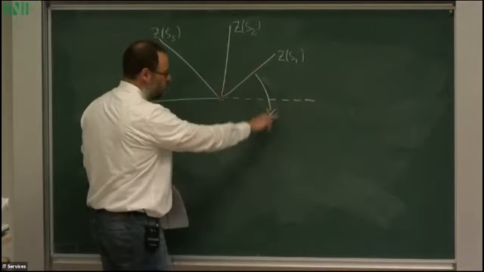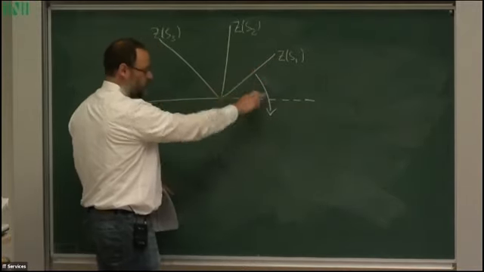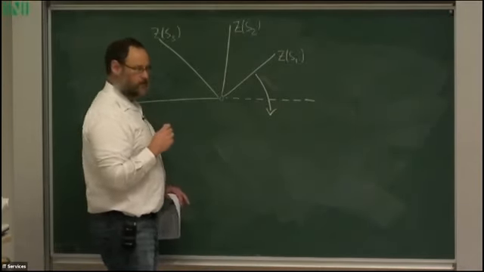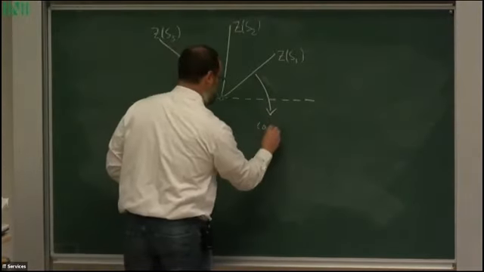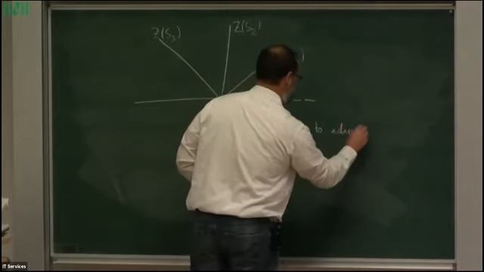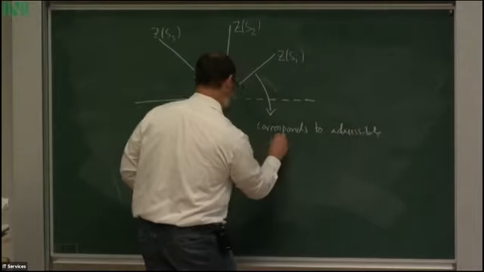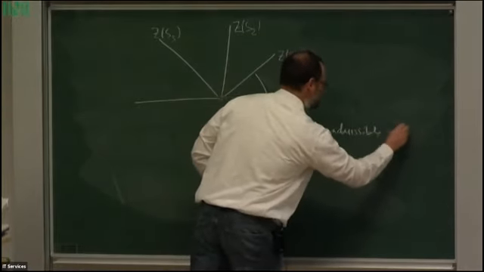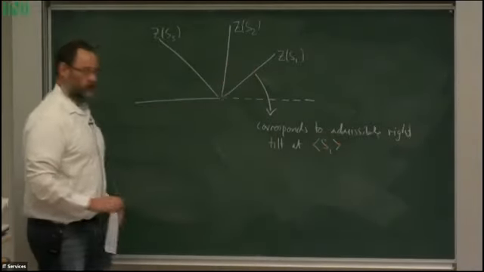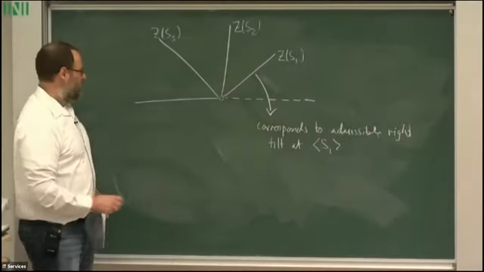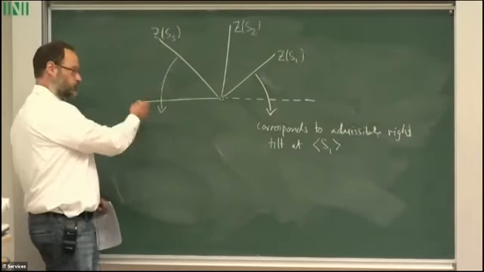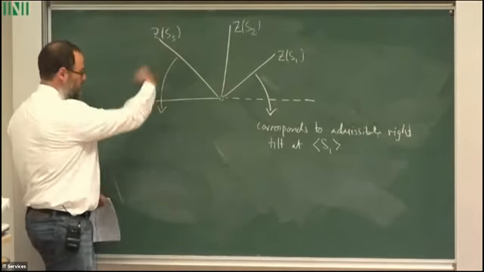If I move Z of some symbol so that it crosses this boundary, this corresponds to doing an admissible tilt. If I do something similar on this side, I get an admissible left tilt at the torsion free class generated by whatever symbol I'm looking for.